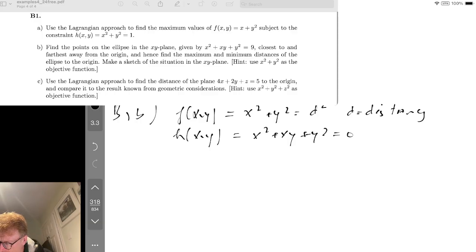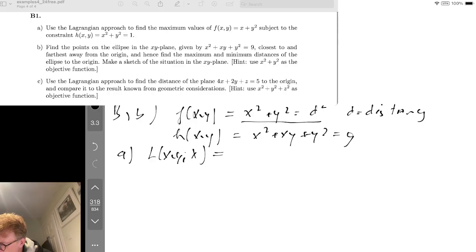So I'm not going to do it all, but you have to calculate it. These are circles, so the level sets are circles, and this is an ellipse.